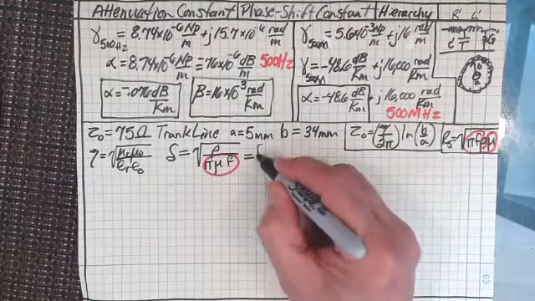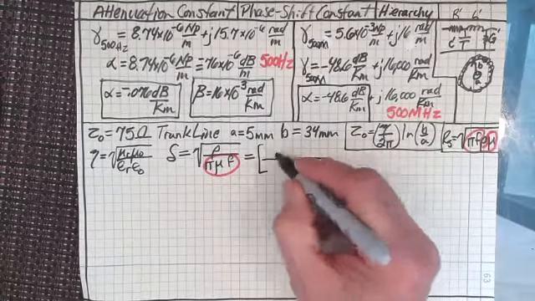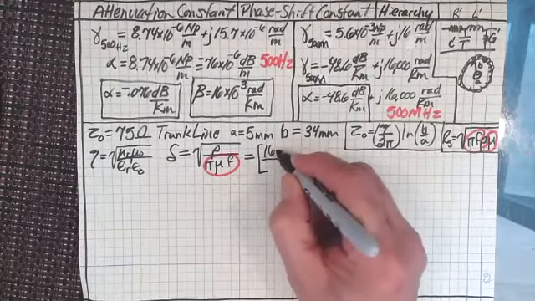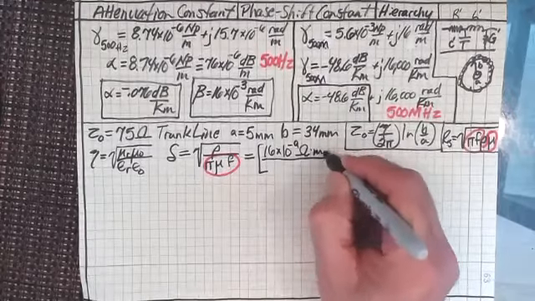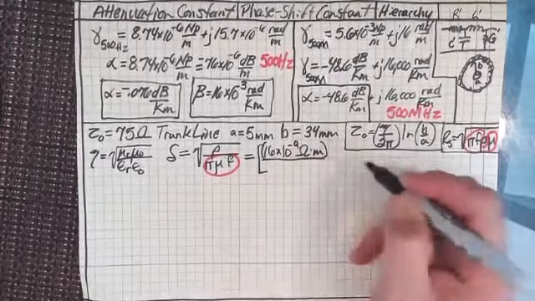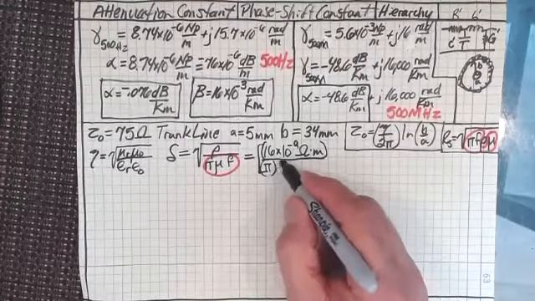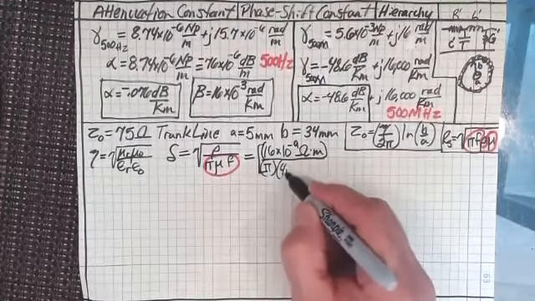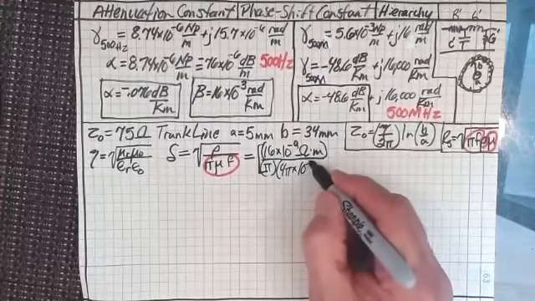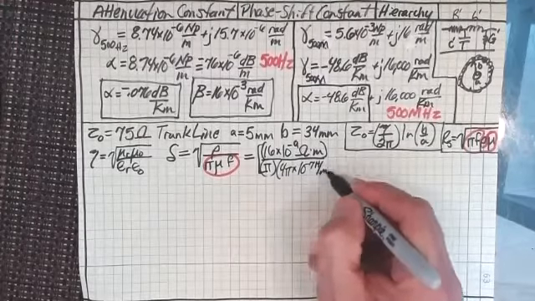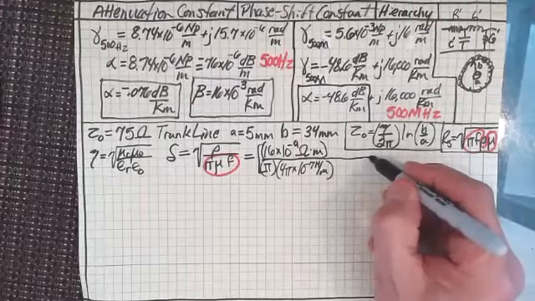So let's just do the math here for a second. We know that copper's resistivity is 16 times 10 to the minus 9 ohm meters, and we know that pi is pi. And mu is going to be 4 pi, which is 12.56, you can use that, times 10 to the minus 7 henries per meter. And then our frequency.